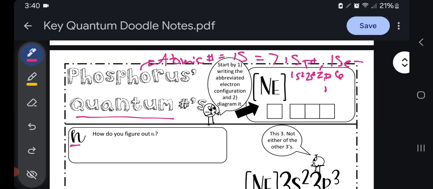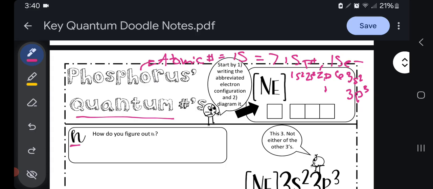If you look, that fills to neon, number 10, 2p6. Now you'd go from neon down to sodium, and you'd say energy level 3, 3s2, and then you jump over to aluminum, energy level 3 of the p block, and you fill with 3 electrons.